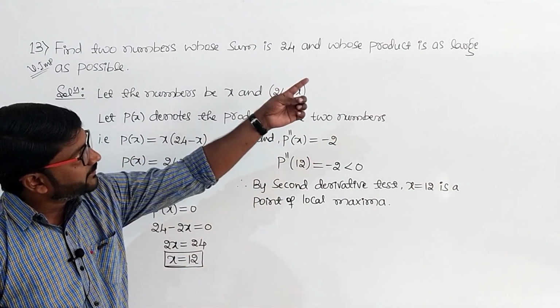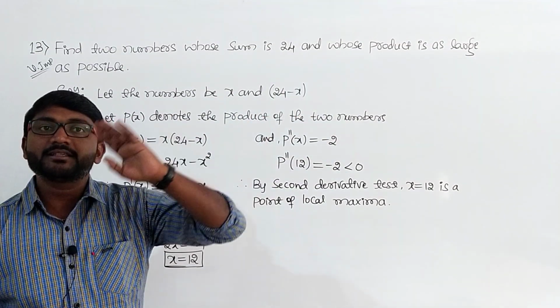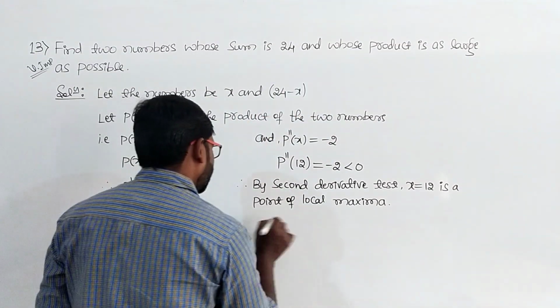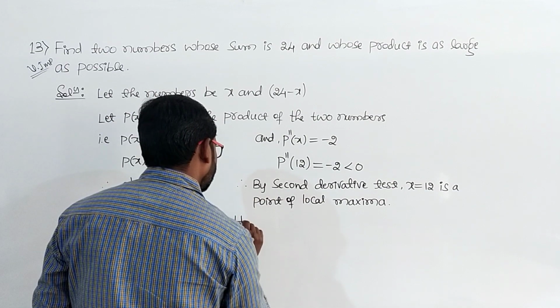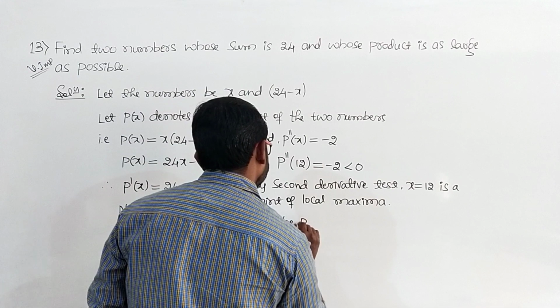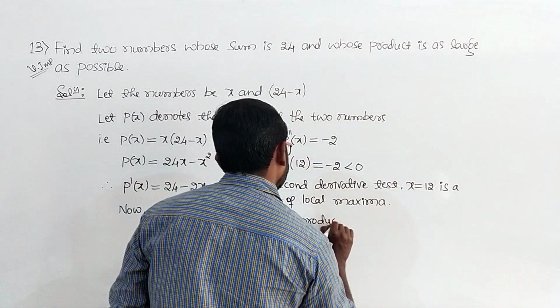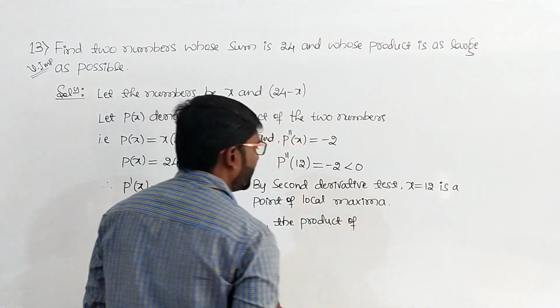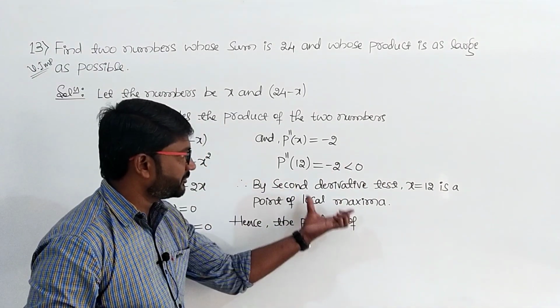So that's what he has given, whose product is as large as possible. Hence the product, large means it is maximum, that's what we have got now.